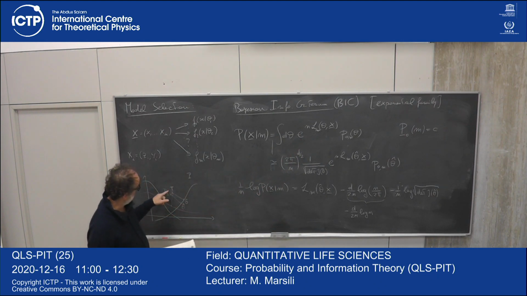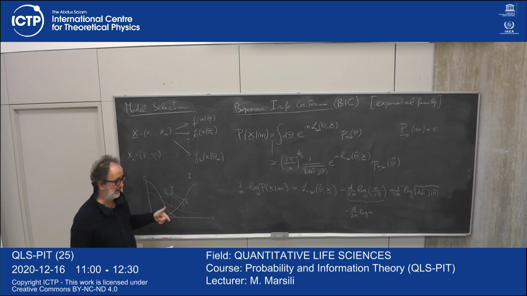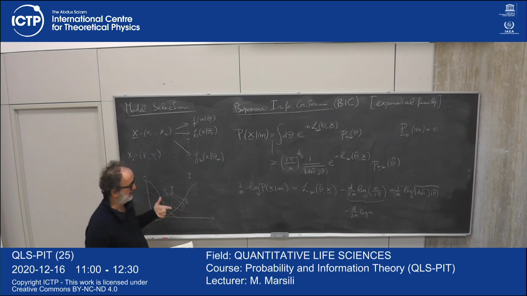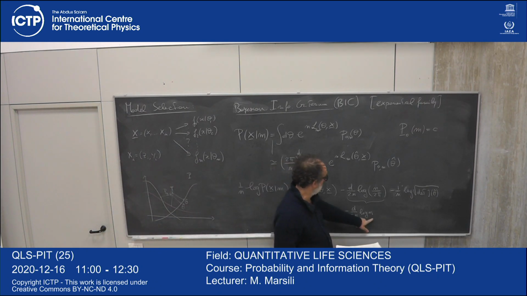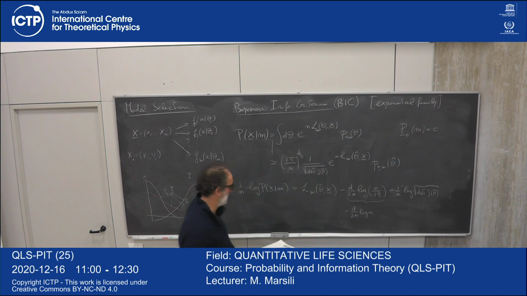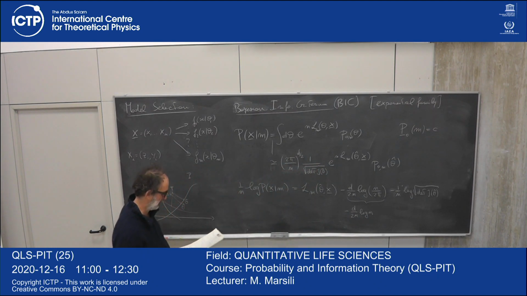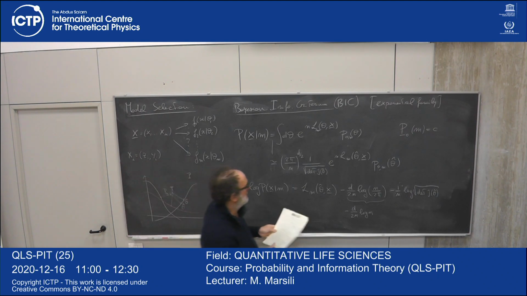Here instead, if you think about it, we reason about the log likelihood directly. Okay, so this difference is what accounts for this log n.